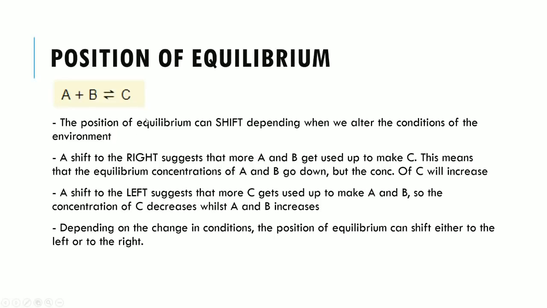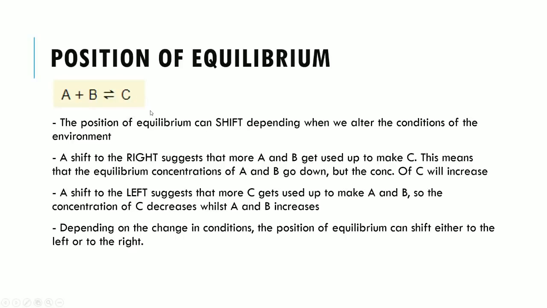So let's put that up here again. The position of equilibrium can actually shift, depending on how we alter the conditions of the environment. When we talk about a shift to the right, it suggests that more of A and B is getting used to make C. This means that the equilibrium concentrations of A and B will decrease, whereas the equilibrium concentration of C will actually increase.